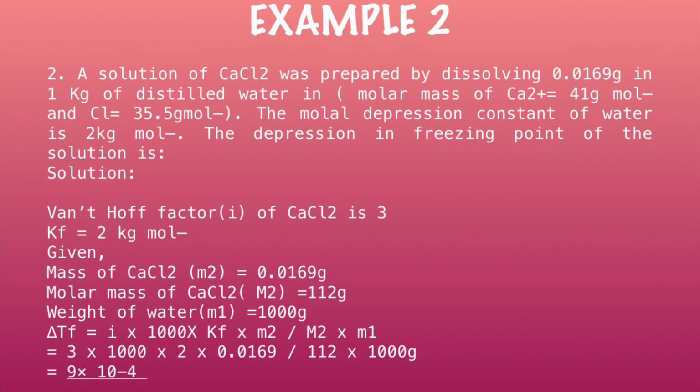So the difference in Tf equals i times 1,000 times Kf times m2 divided by M2 times M1, which is a result of 10 to the power of minus 4.